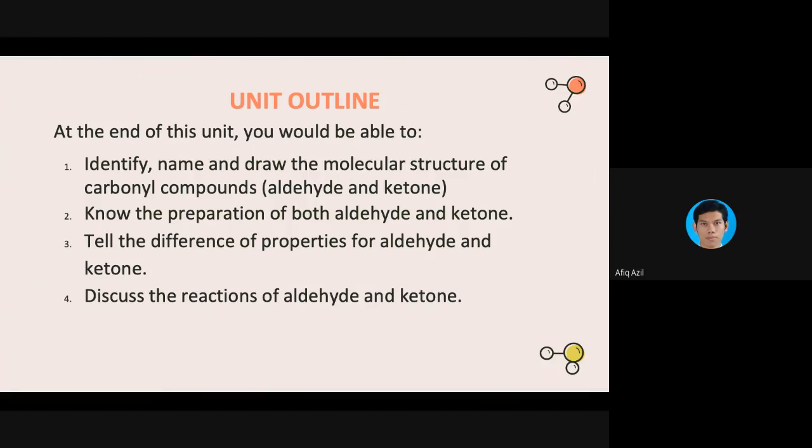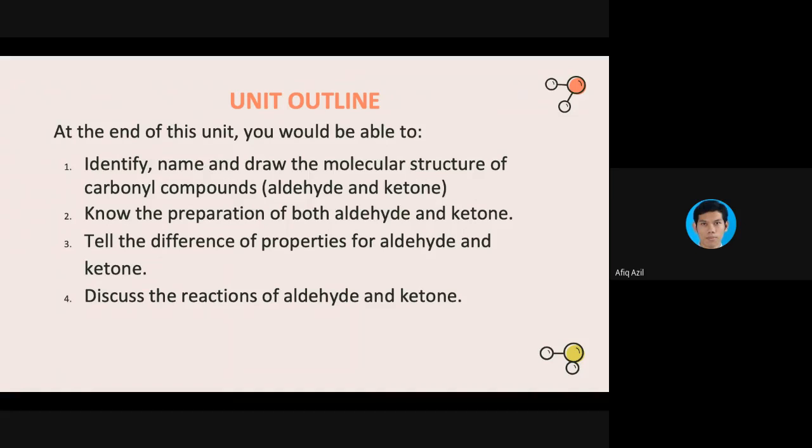at the end of this unit, the outline of what you should be able to get by the end of the topic: first is to identify what a carbonyl compound is, and to name, draw, and describe the molecular structure of carbonyl compounds. There are two types of carbonyl compound that you have to know.